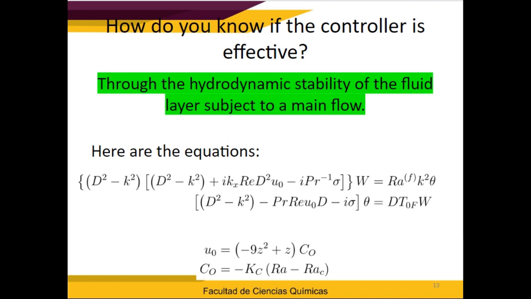Here, the governing equations are also shown. Next, once the eigenvalue problem for the Rayleigh number is solved, the convective motions should be modulated by the controller signal CO. These equations are also familiar from the linear stability analysis of a fluid layer, so further explanations are omitted.